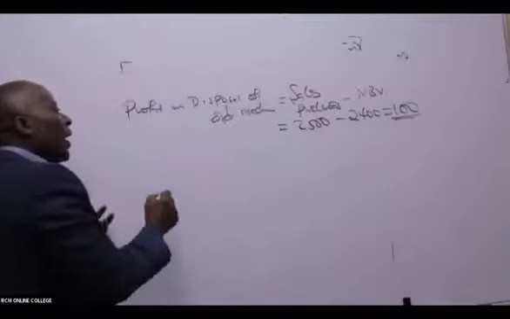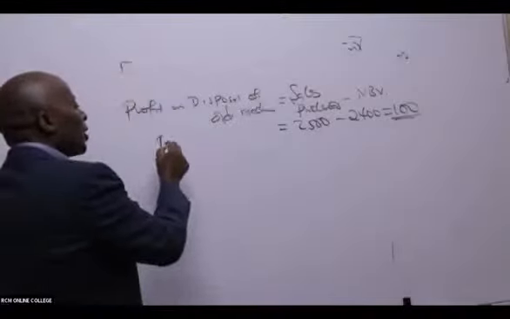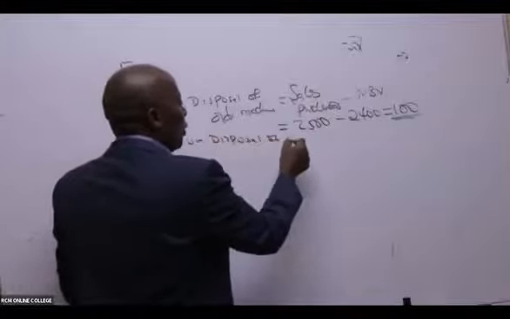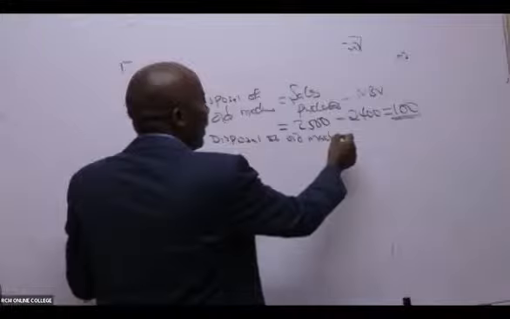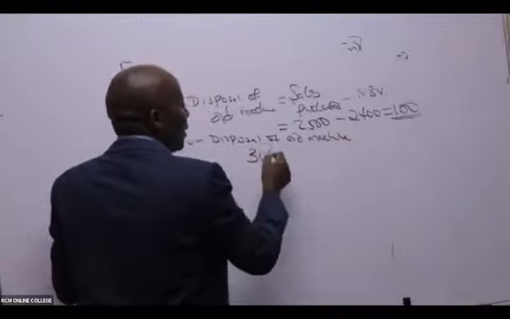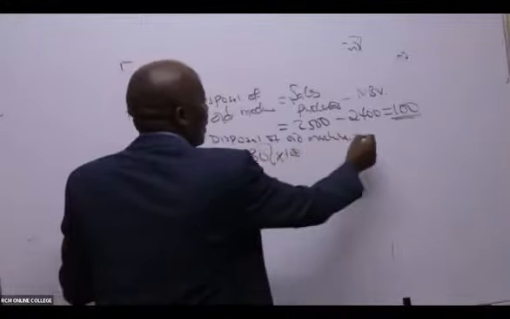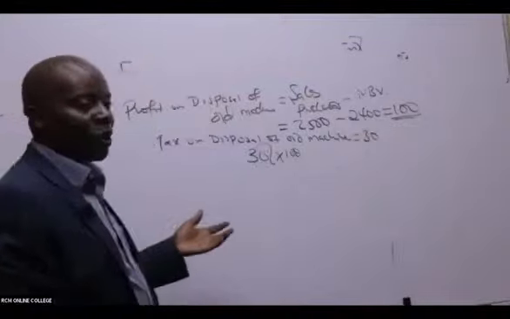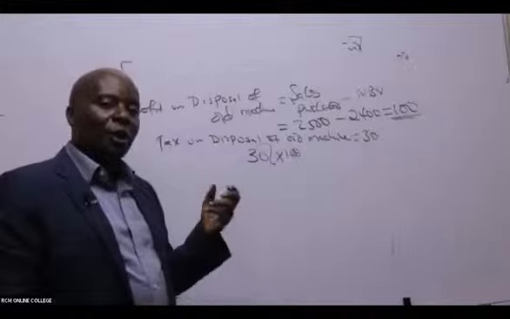So then go ahead and give me the tax on disposal of old machine. This tax you must pay. So it will be 30% times 100, which gives me 30. And then Wayne is asking a very important question on installation.